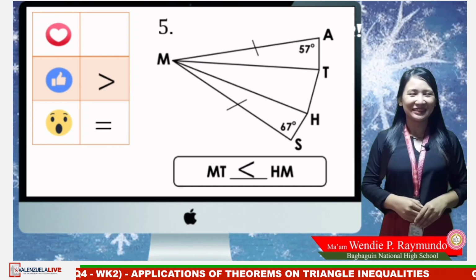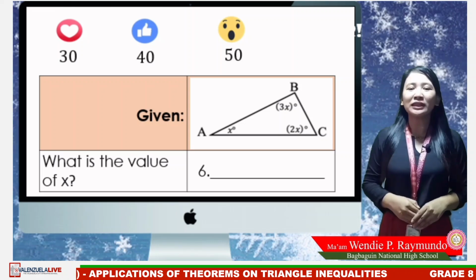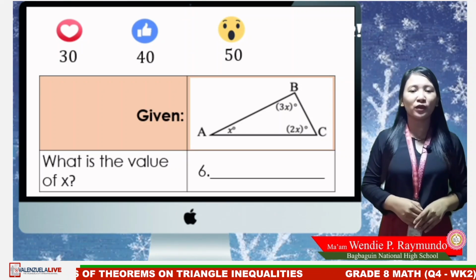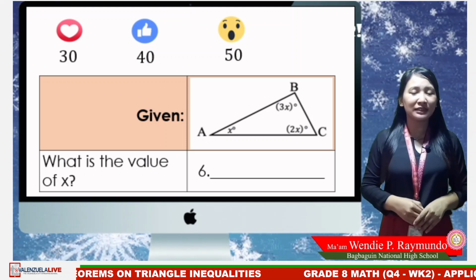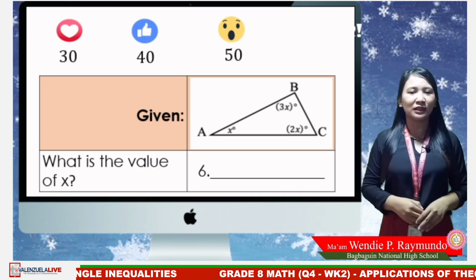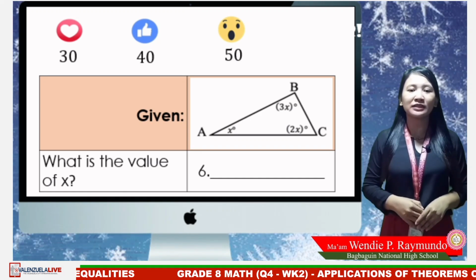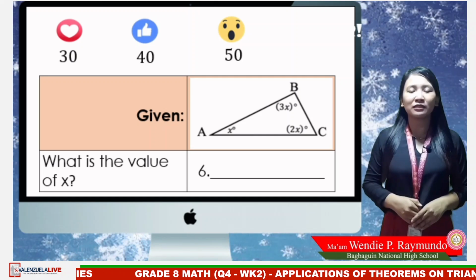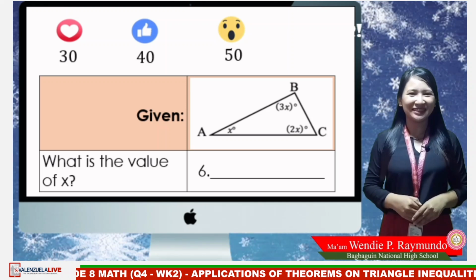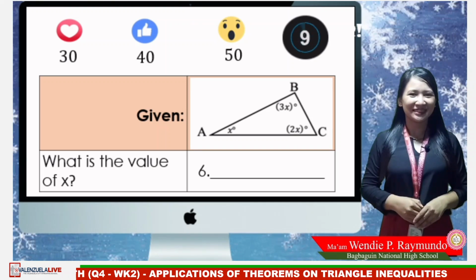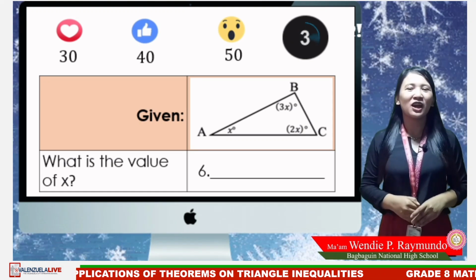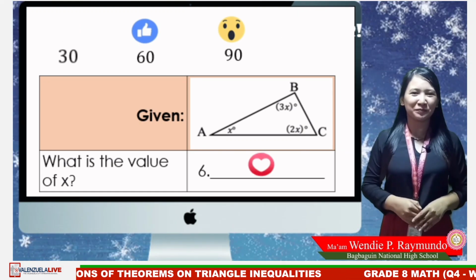For number 6, what is the value of x given the triangle ABC with angle A x degrees, angle B is 3x degrees, and angle C is 2x degrees? Type heart if the value of x is 30, like if the value of x is 40, and wow if the value of x is 50. And the value of x is heart, which is 30.